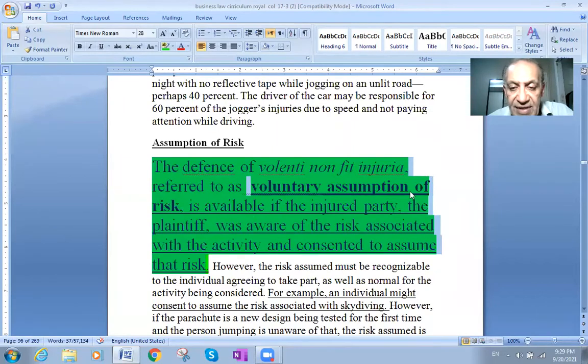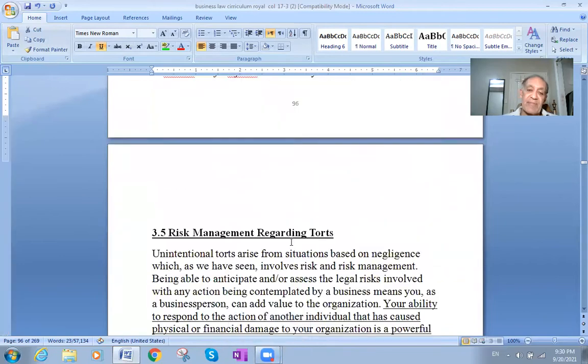Voluntary assumption of risk is available if the injured party, the plaintiff, was aware of the risk associated with the activity and consented to assume the risk. You know that there is a risk in doing this work, but you still insist on doing it.